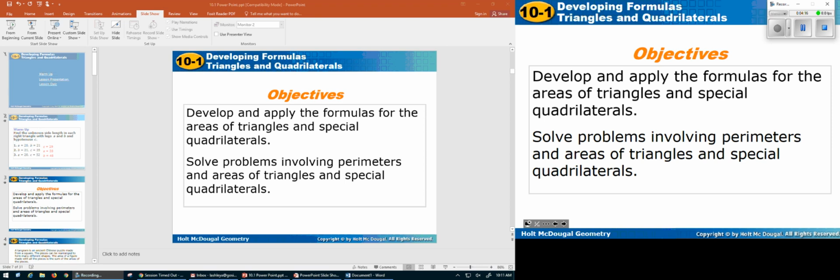So we call the top base 1, the bottom base 2, and the height then again is that perpendicular distance between them. So that height could be inside the trapezoid, or it could be drawn outside. So inside height or outside height, it just has to be drawn so that it is between the bases perpendicular. Very good, Alexis.